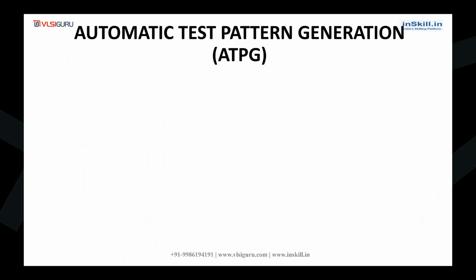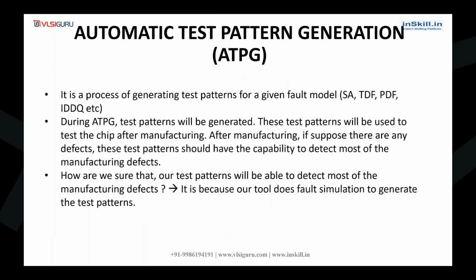And next, topic 3 is automatic test pattern generation, ATPG. As its name suggests, it is a process of generating test patterns for a given fault model. There will be various fault models like stuck-at, TDF, PDF, IDDQ, like that.